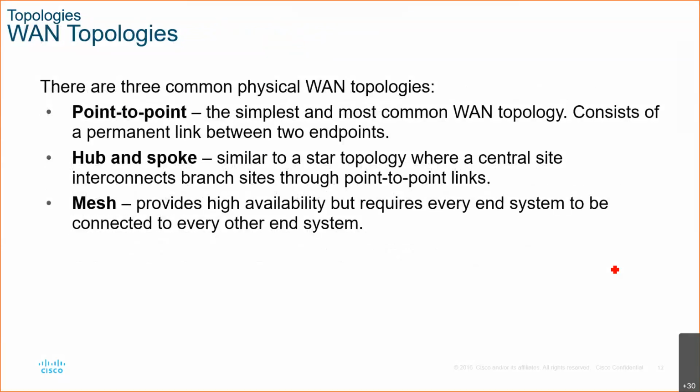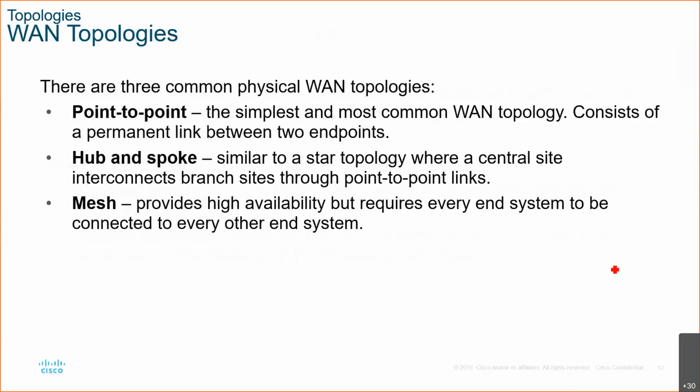When you think about WAN topologies, wide area network topologies, you've got point to point, where you have one device connected to another device. Straightforward, right? Following the IEEE RFC guidelines.